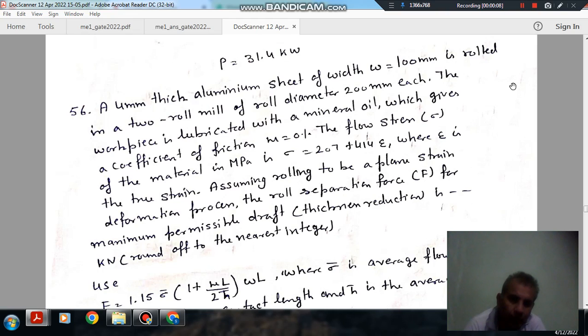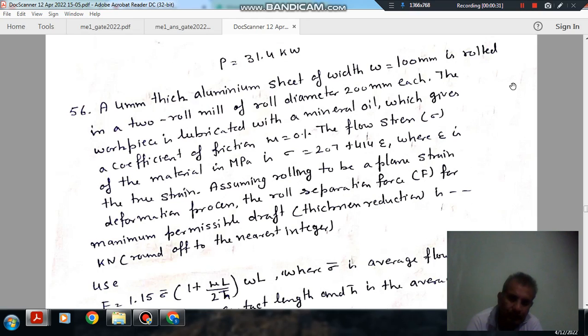A 4 mm thick aluminium sheet, width equal to 100 mm, is rolled in a two roll mill of roll diameter 200 mm each. The workpiece is lubricated with a mineral oil which gives a coefficient of friction mu equal to 0.1.